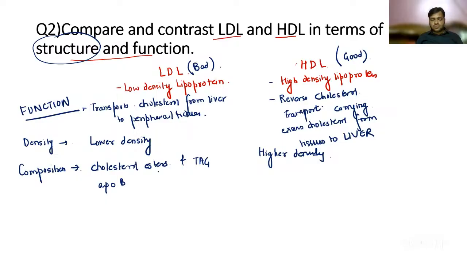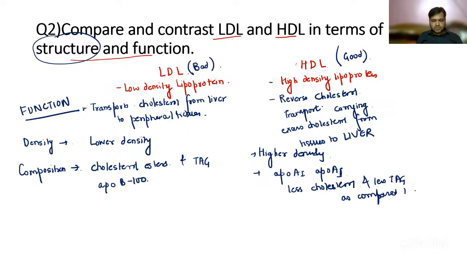Coming to HDL, it contains a higher amount of protein, the apolipoproteins A1 and A2, and less cholesterol and less triacylglycerol as compared to LDL.